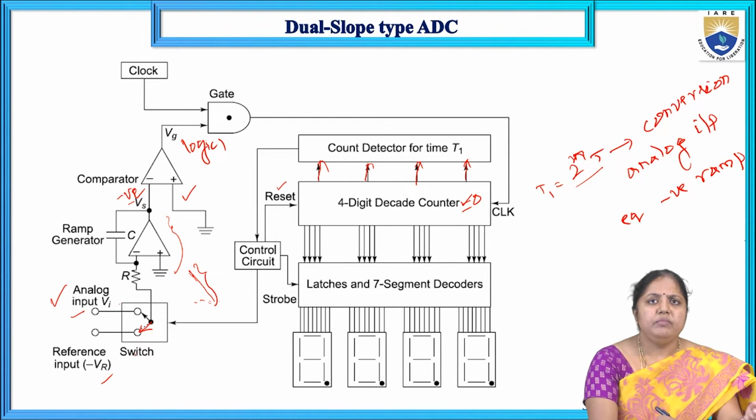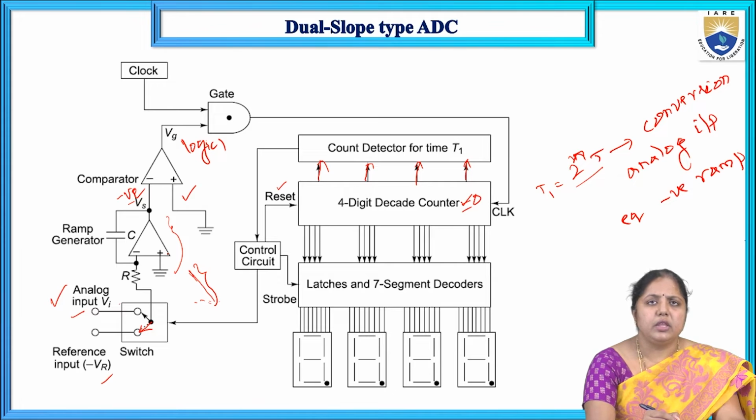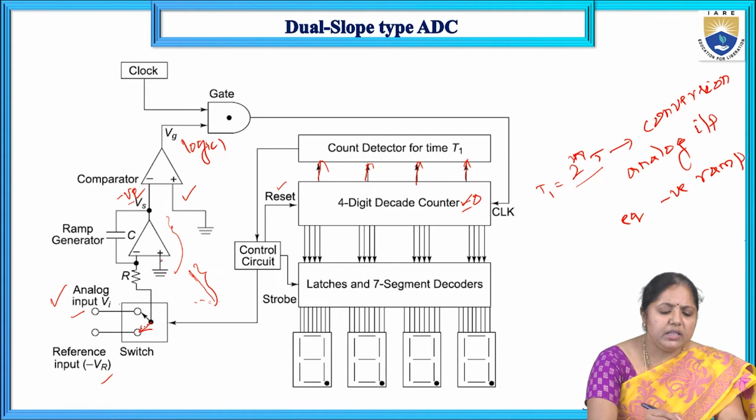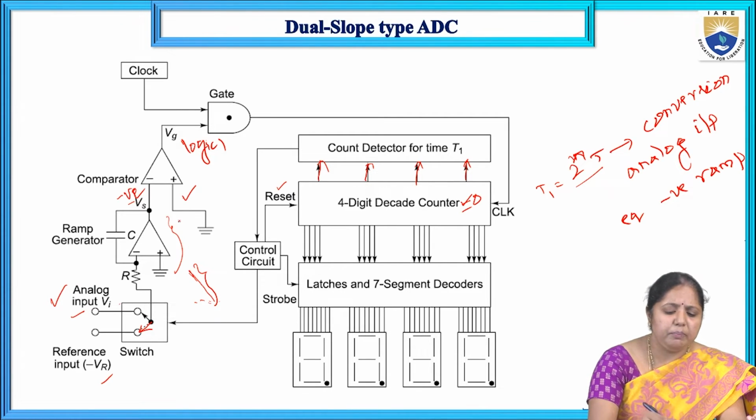Immediately the switch position changes. Now for this switch, negative reference voltage is given, and this will go as an input for the integrator circuit, right?